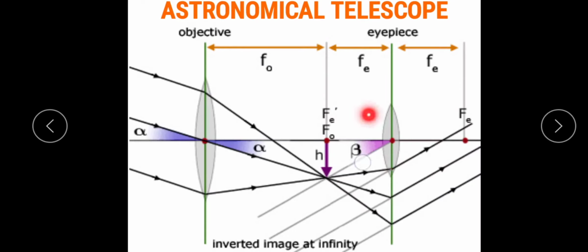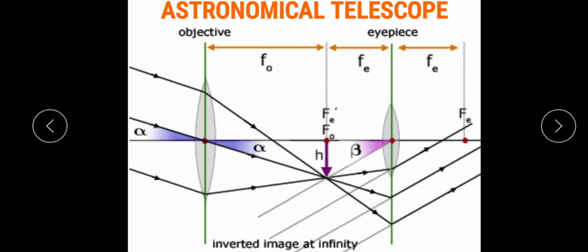These lenses are mounted coaxially, on a single axis, at the free ends of two tubes. The distance between the lenses can be adjusted using a rack and pinion arrangement.